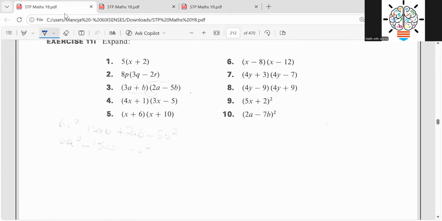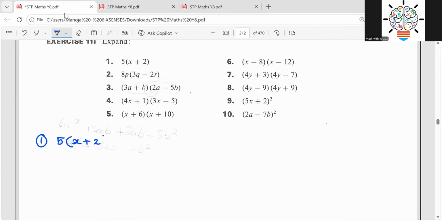Now, when you come across this kind of question, I'm taking question number 1, children. Imagine you have 5 and then x plus 2. What does this mean? You don't need to expand this in the exam, but I will quickly show the real meaning.